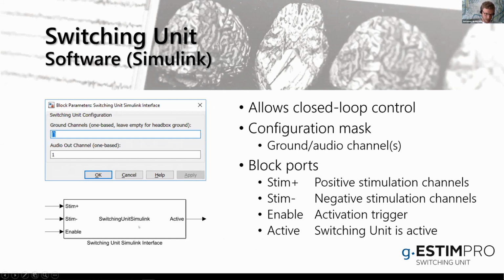So here we have, as an input signal to the Simulink block, Stim plus and Stim minus channels. They come as vectors of 16 values, and always when a value is not 0, this is interpreted as a stimulation channel. At the very same time a change is received here, the switching unit is configured according to the input, and when an enable trigger comes in, the switching unit is activated.